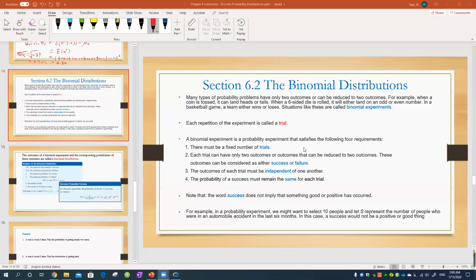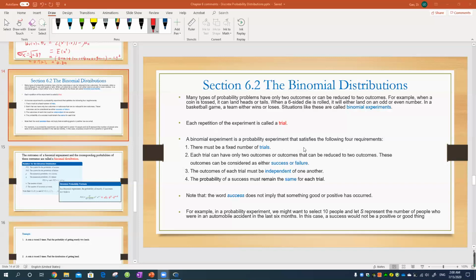The third requirement, the outcomes of each trial must be independent of one another. That means between trials, they don't have influence on each other. And the fourth requirement, the probability of a success must remain the same for each trial.